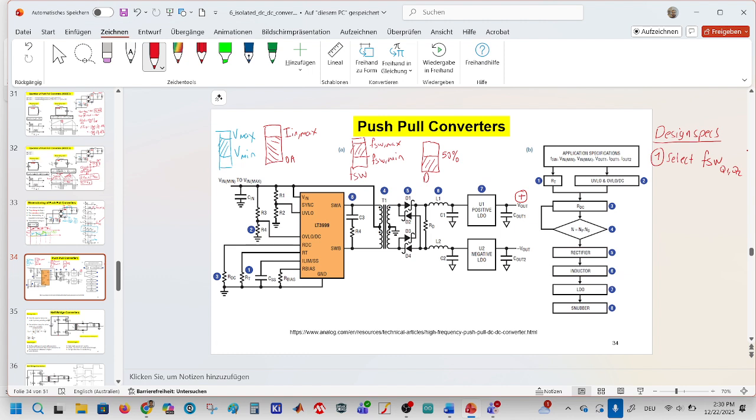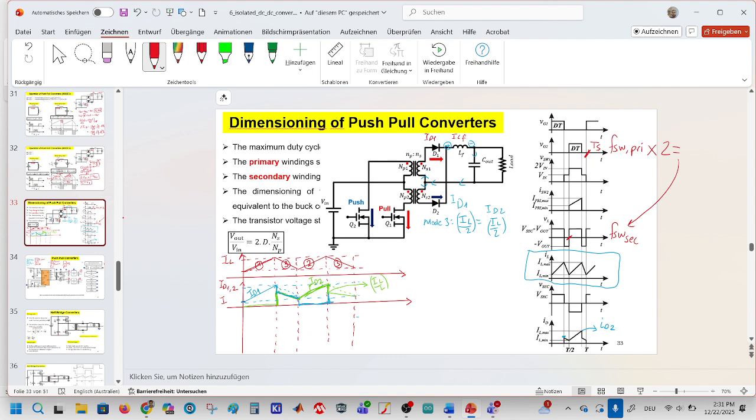Actually, both of them are for plus, and they use extra components to have a minus voltage on the output side, because if you have a center tapped transformer on the secondary side, you cannot use this converter for negative output voltages, because the secondary side of any converter that we have seen up to this point is always the same.